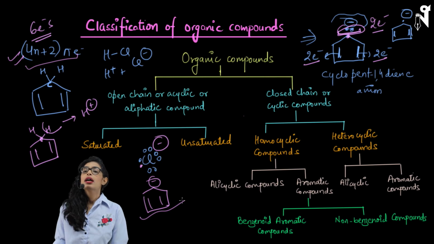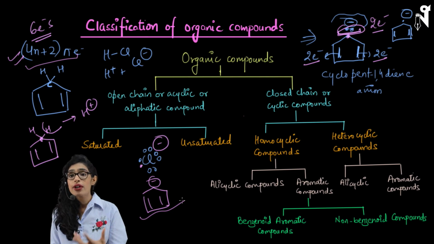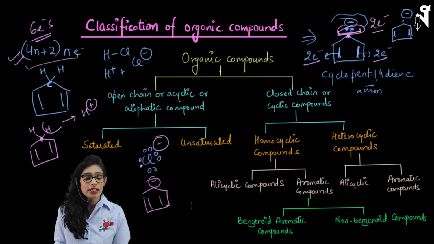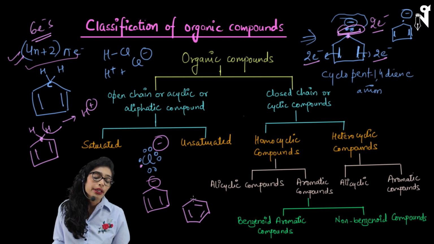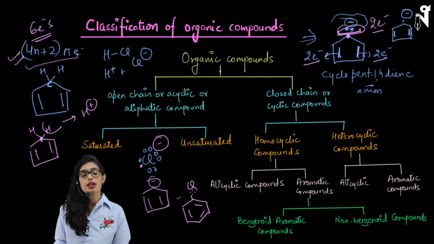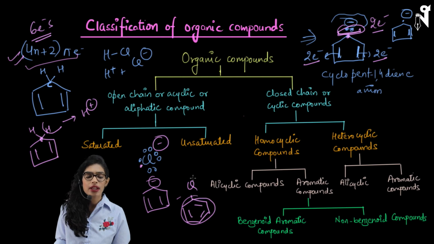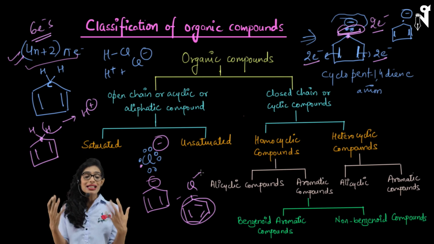And it doesn't look like benzene. It is not a benzene derivative. What is a benzene derivative? A benzene derivative means benzene-based compounds. That means if I draw the compound like this, it is a benzene derivative. Here you have benzene and then there is an extra attachment over here. But that is not the case here.